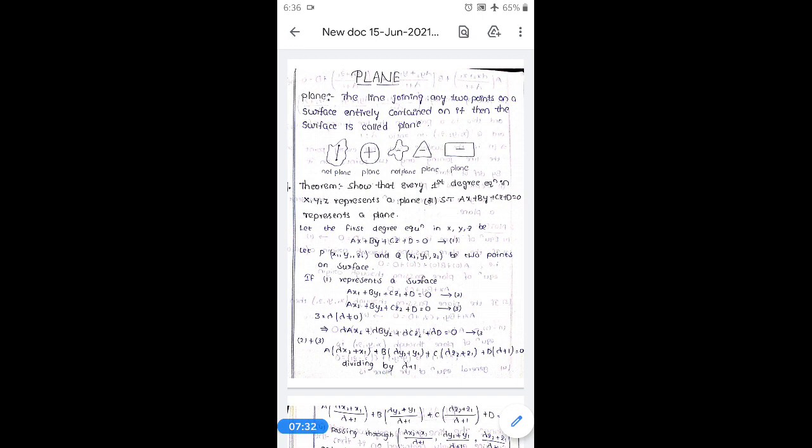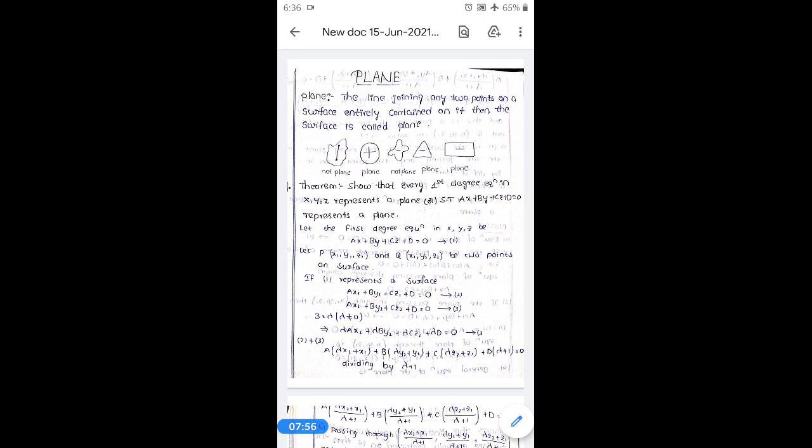Call it the fourth equation. Now adding the second equation with this fourth equation will give Ax1 plus By1 plus Cz1 plus D plus A lambda x2 plus B lambda y2 plus C lambda z2 plus D lambda is equal to 0.